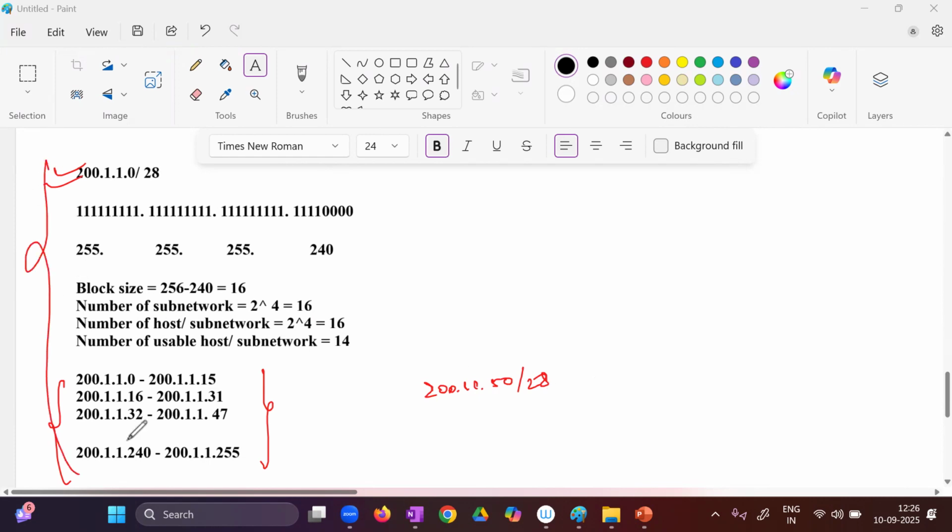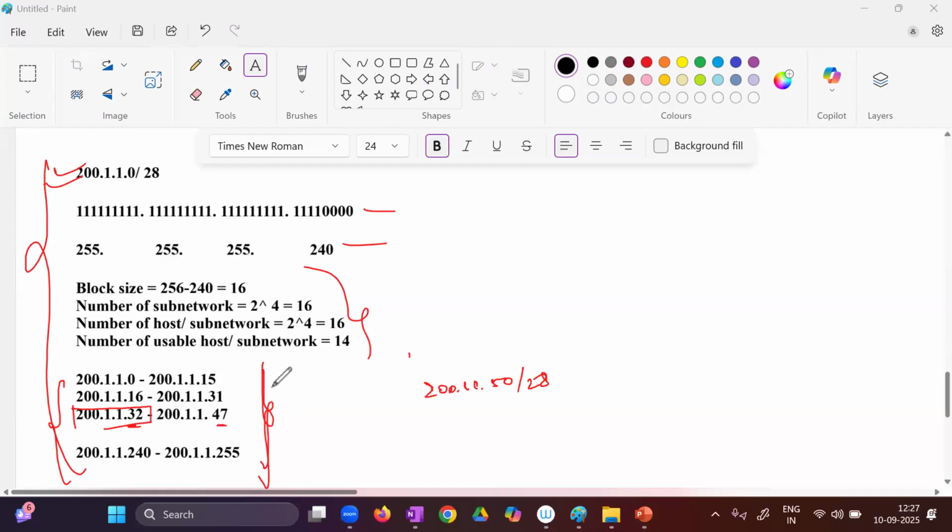Again, you have to follow all these steps. You write this one, this one, this one, then you write some networks. Then after that, you will find, okay, somewhere this 50 will come in between 32 and 47. So this 32 is going to be the network address. Then you will tell this answer, right? This is a lengthy process. I want the network address in a single line.